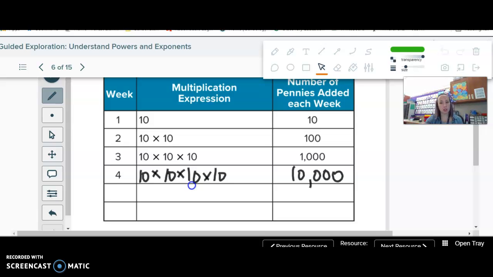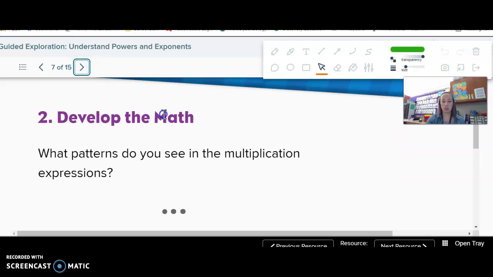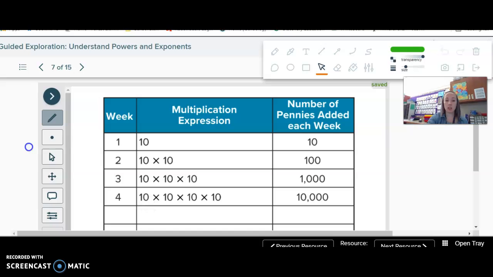You might be saying, how did you know that so fast? Well, I'll give you a hint. There's a pattern with the zeros. If I look at 4 tens, look how many zeros there are: 1, 2, 3, 4. And the 1 is just going to stay 1.